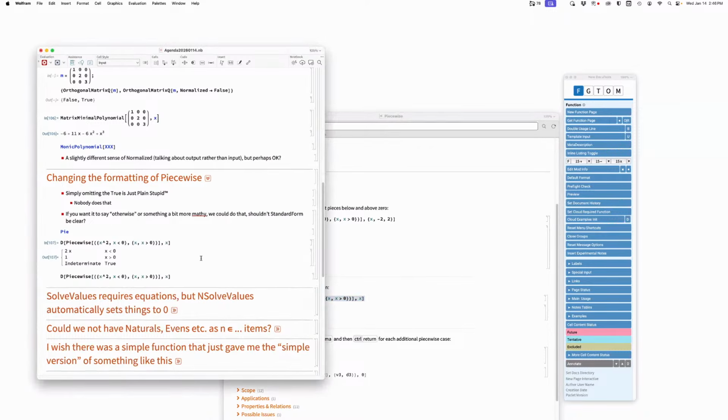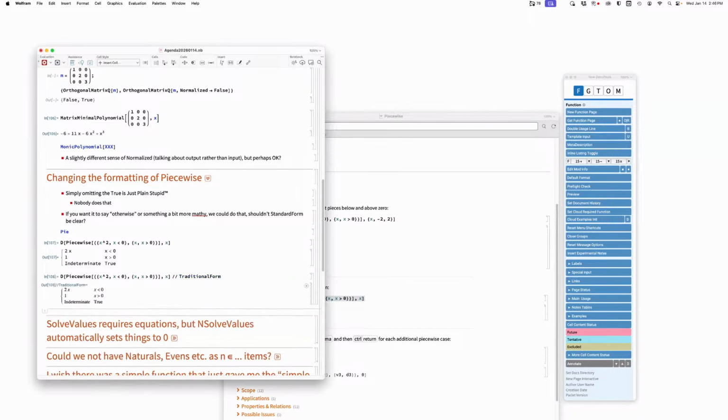I think it's ugly. Especially if you're talking about changing the traditional form, right? It could say otherwise or something like that, but nobody just omits it, right? If there's a default value, you put the default.